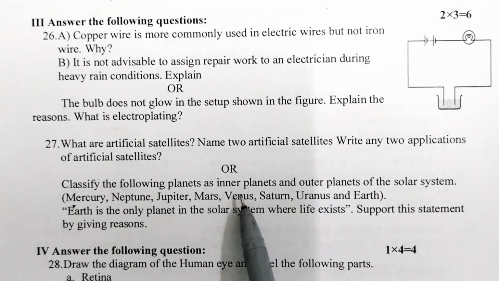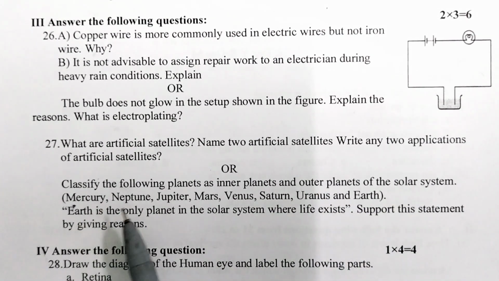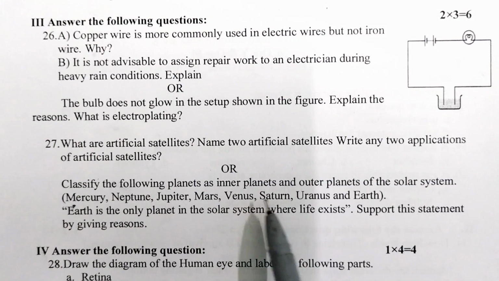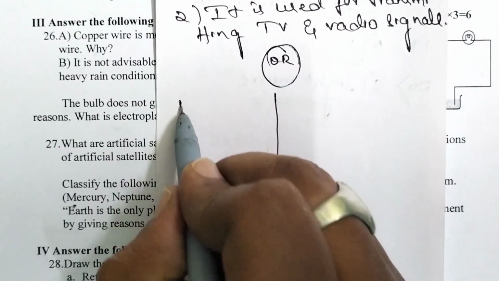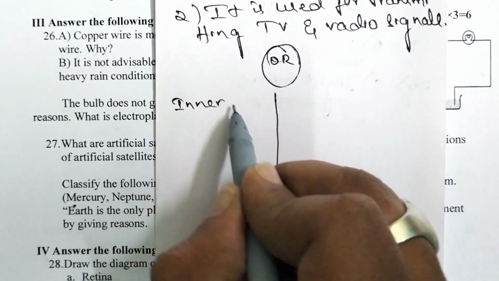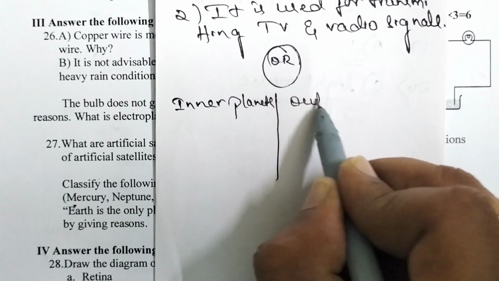Classify the following planets as inner planet and outer planet of the solar system: Mercury, Neptune, Jupiter, Mars, Venus, Saturn, Uranus and Earth. So now let us do the classification. This side inner planets, this side outer planets.